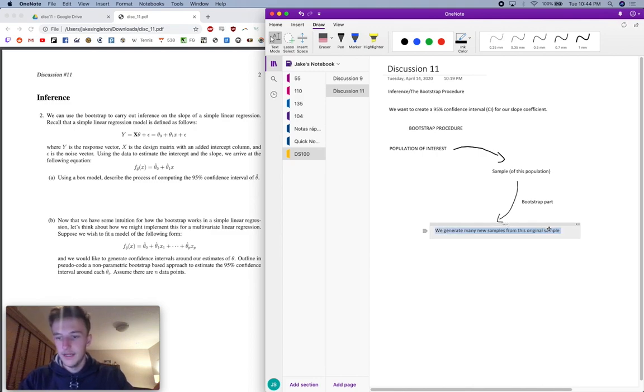A typical number of samples that we'll generate is maybe B equals 10,000. This is just some theory that some statisticians have decided is generally a good number of samples to take. This basically means we have 10,000 new samples that we generated from this original sample.